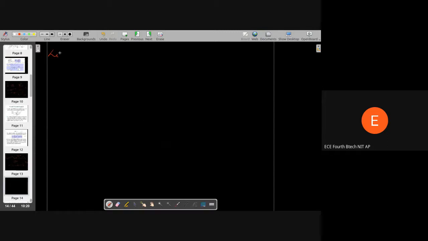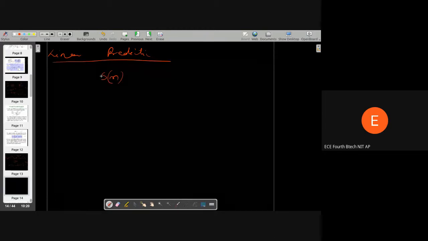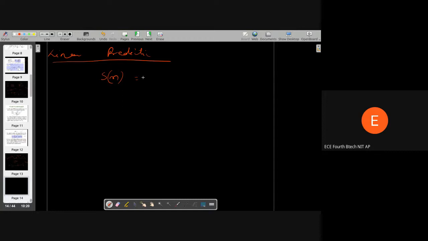There are two words, linear and prediction. You can predict, that is, estimate, the value of your current speech sample from previous samples. How will you predict? With a linear combination. Linear combination is a weighted sum.